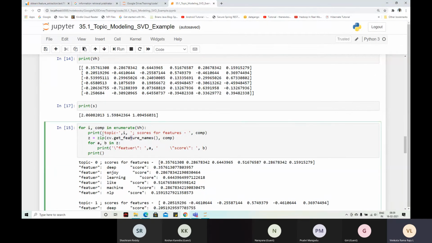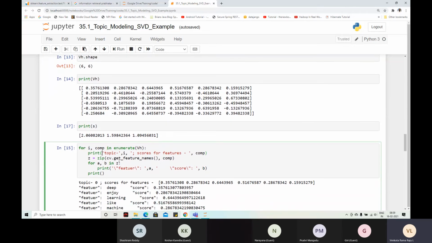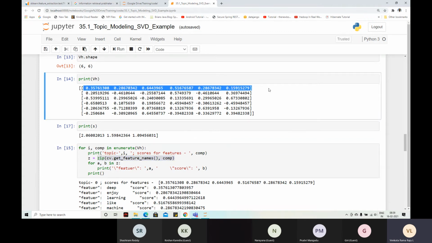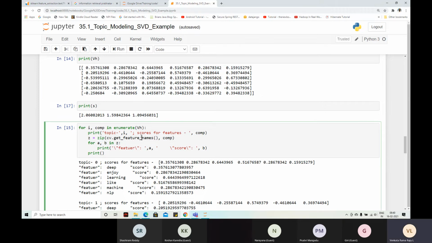So the first component is related to topic 1, sorry, the feature 1. I am zipping together the feature name and the component. Is that right?